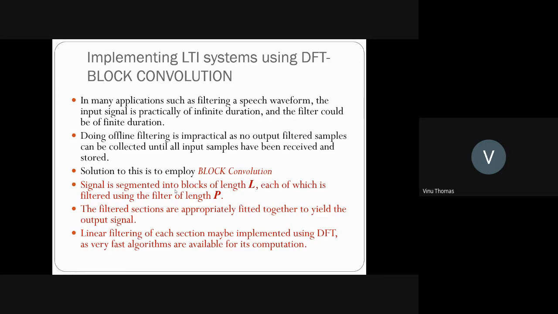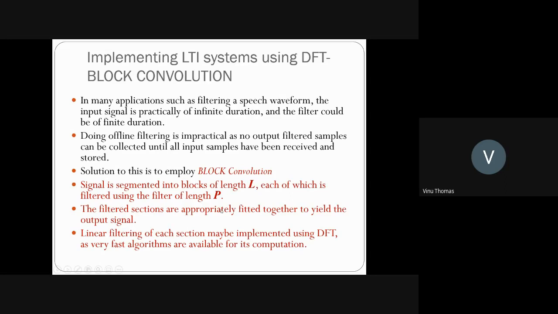You process 100 milliseconds, then the next 100 milliseconds, and then the next, and finally you combine the filtered output sections to yield the appropriate output signal.